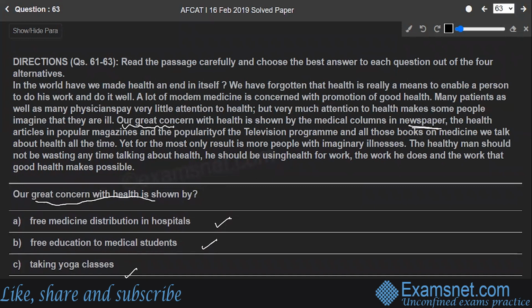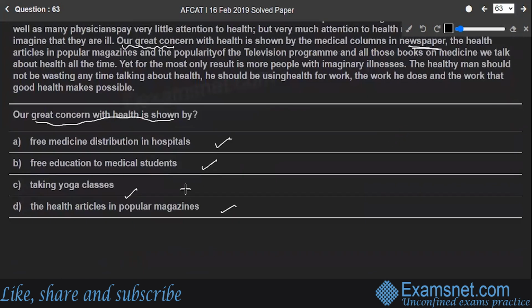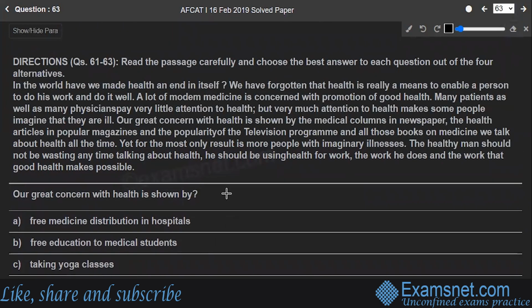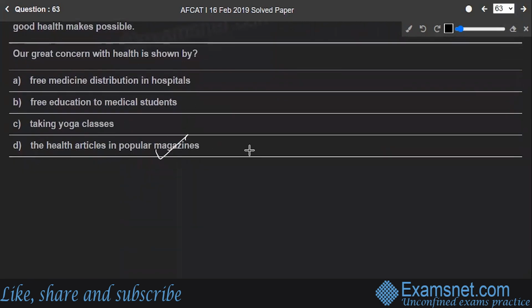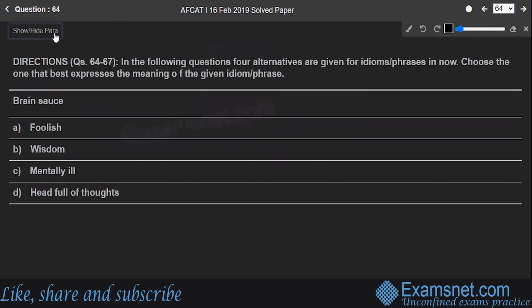So our great concern with health is shown by option D, the health article in the popular magazines. This is the correct answer to our problem. Hope you're clear with this. So these are the three questions from this paragraph. We are done with all of them. Let's move to the next one now.